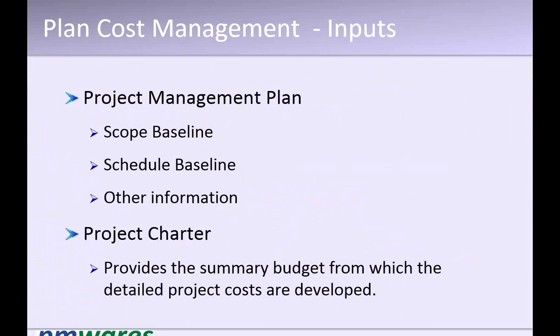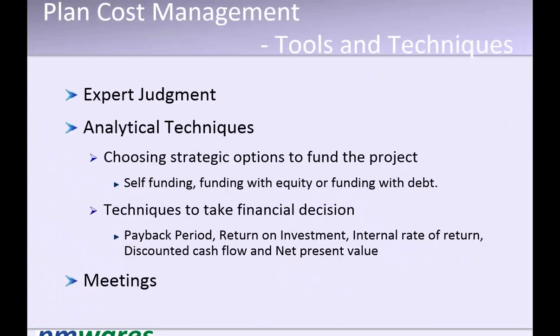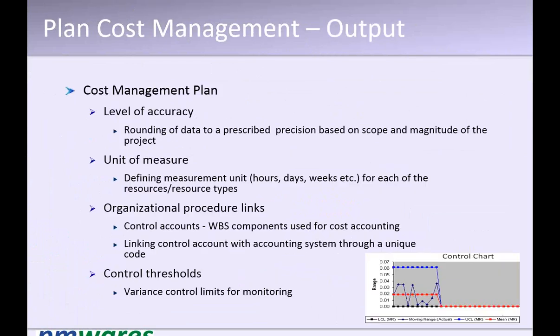What does a cost management plan normally contain? It contains what kind of accuracy you expect in the cost calculations. What is the unit of measure, probably in dollars, rupees, or any other currency. Setting up control accounts, figuring out on which control accounts we are going to work.